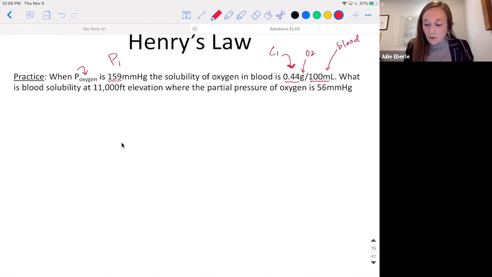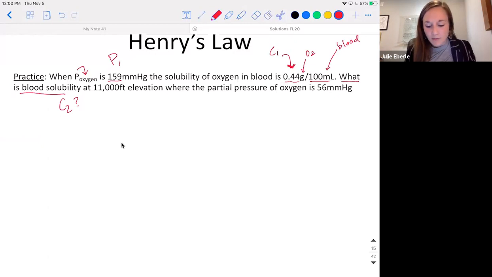Now, what it's asking is, what is the blood solubility, or the concentration of oxygen in the blood? So we're looking for C2 at a new elevation, because we know pressure changes with elevation, right? That's Boyle's law. Or no, that's Gay-Lussac's law. No, I don't know which one it relates to.